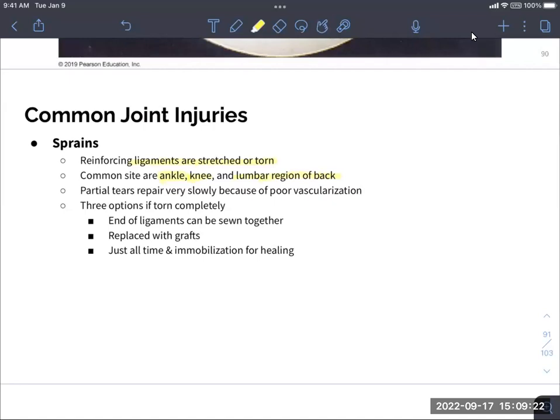Again, tendons, ligaments, they're poorly vascularized, so they're very slow to heal. That's why among a lot of athletes, they say they'd rather break a bone than sprain a ligament, because spraining a ligament takes longer to heal sometimes than breaking a bone. Because bones are highly vascularized, ligaments are not.